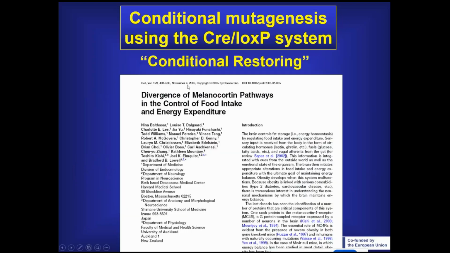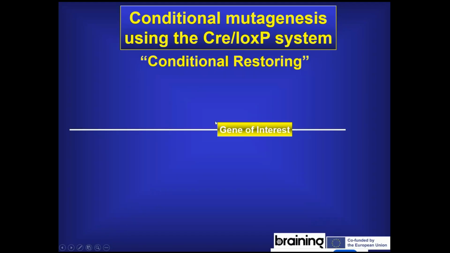You do what we do, the conditional rescue, which is a technique that was invented by Joel Elmquist in 2005. So what they did, they were interested in this gene. They made a knock-in in which, before the gene, they inserted a stop cassette flanked by two loxP sites. So this stop sequence will block all the transcription and the translation machinery. So you will have no expression of the gene of interest.